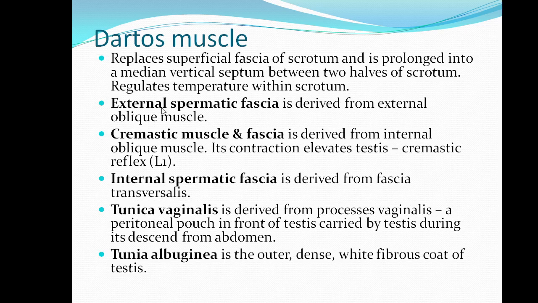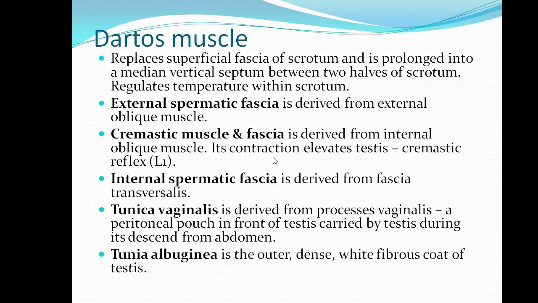The external spermatic fascia is derived from the external oblique muscle of the abdomen. The cremastic muscle and fascia is derived from the internal oblique muscle. Its contraction elevates the testis, and this cremastic muscle can be stimulated by tapping on the medial side of the thigh.